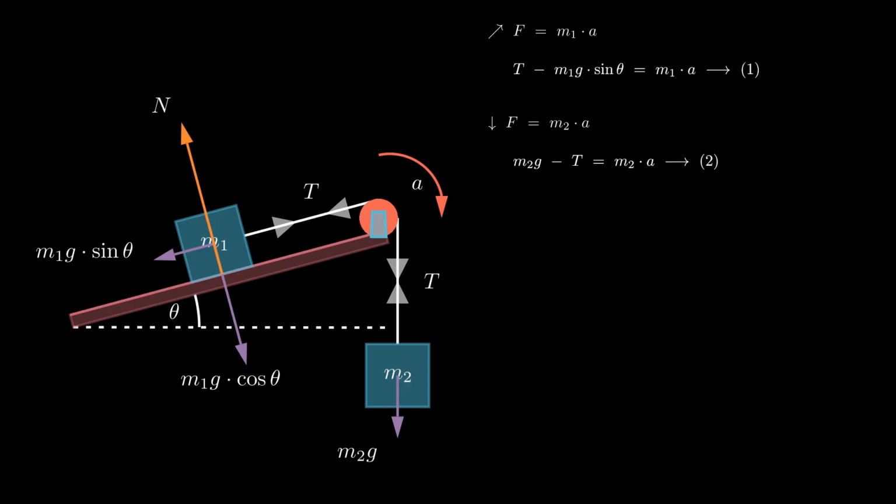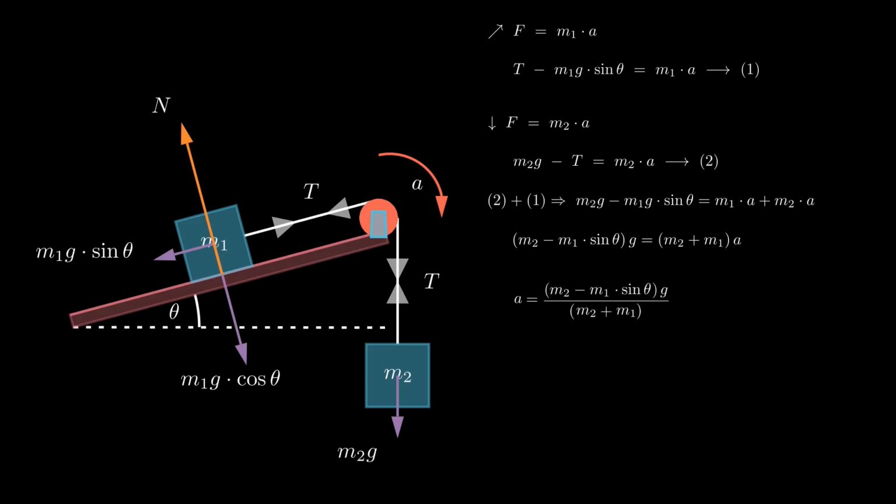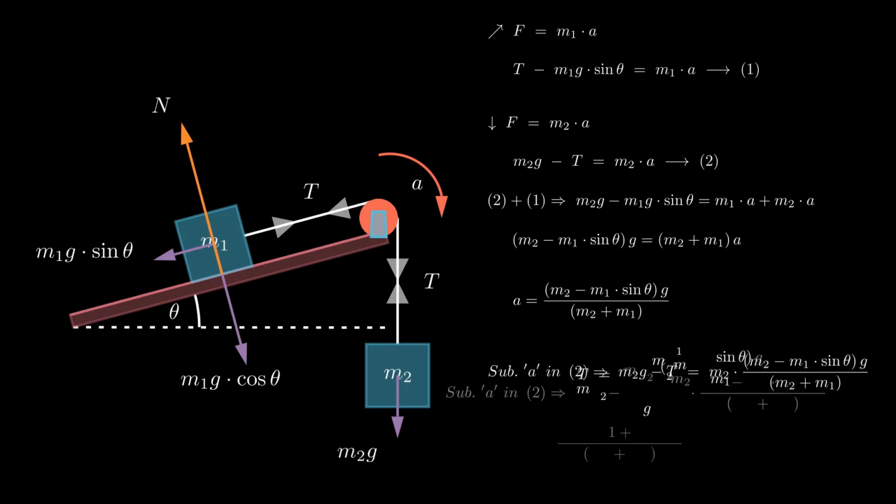Now, we can add the two equations to derive an expression for the acceleration. We can use this calculated acceleration value to determine the tension by substituting it into either of the two equations mentioned earlier. This will yield an expression for tension, as demonstrated here.